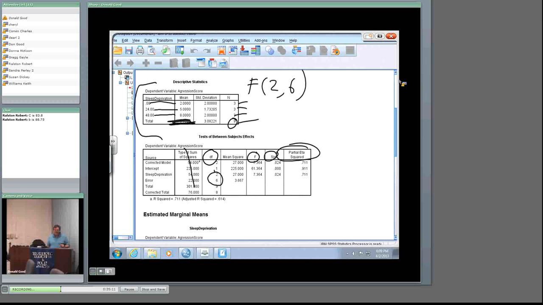Now, for the F values, the P values, and the eta squared values, we look at the last one in the column. So, the F value for 2 and 6 degrees of freedom, respectively, is 7.364. The P value, P is equal to 0.024. Oh, does that tell us significance or not?